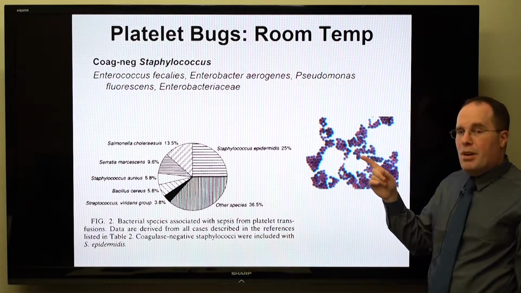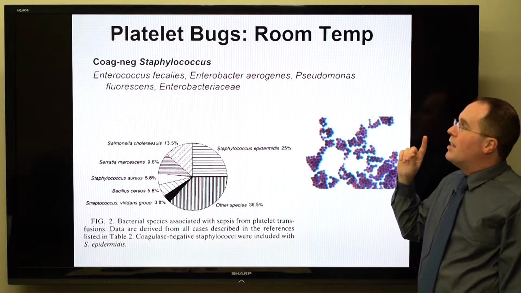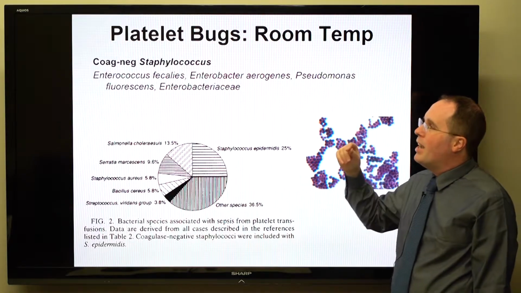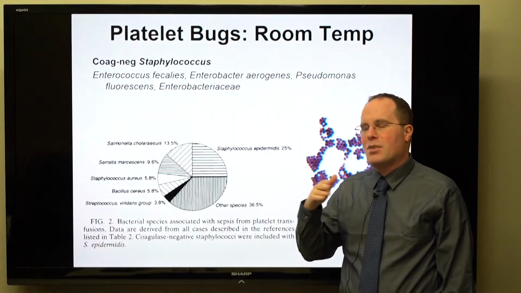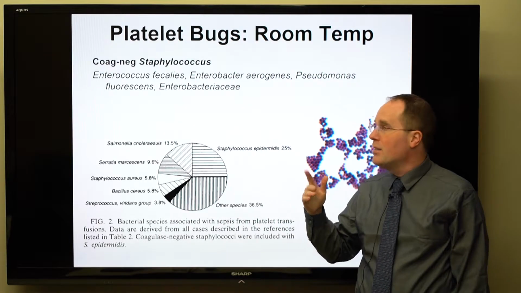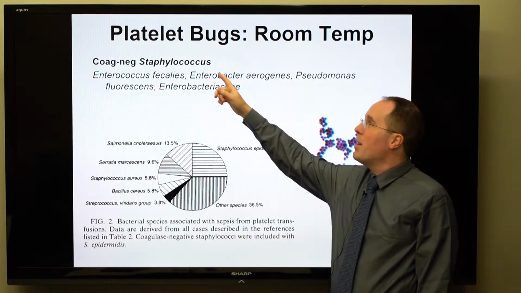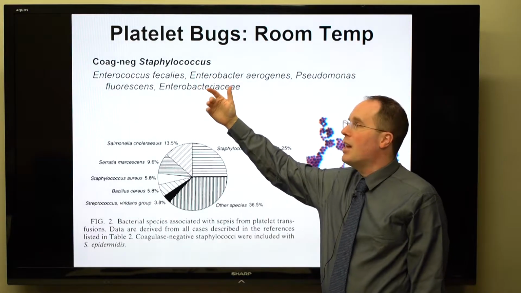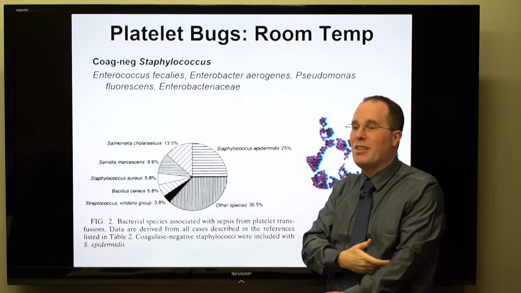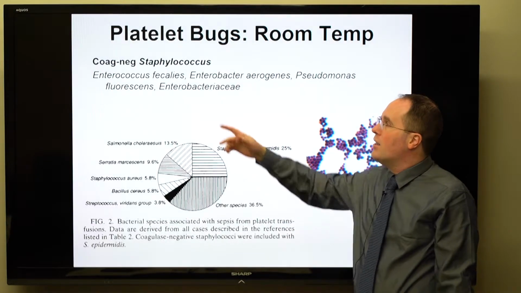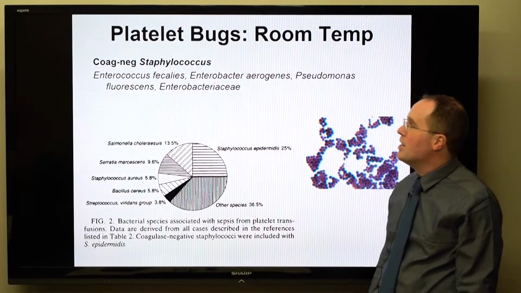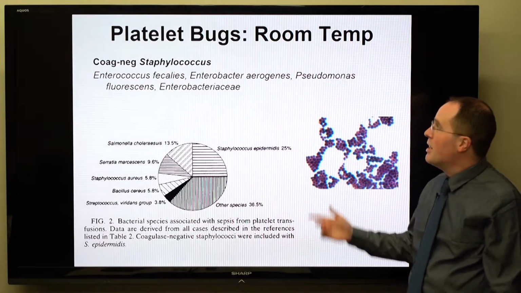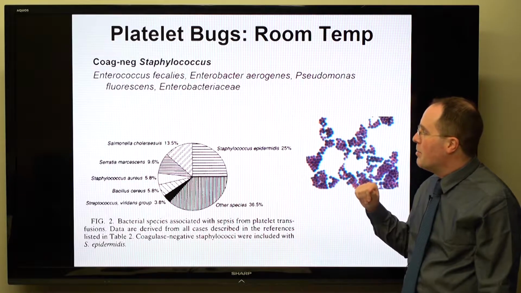For platelet bugs, bugs that can grow at room temp and only during a 5-day interval, because that's the shelf life of platelets, the way I think about it is whatever is there has to be there in large quantities. So I think about it as it's got to be something on the skin, right? So coag-negative staph is the most common one, but lots of others have been implicated.